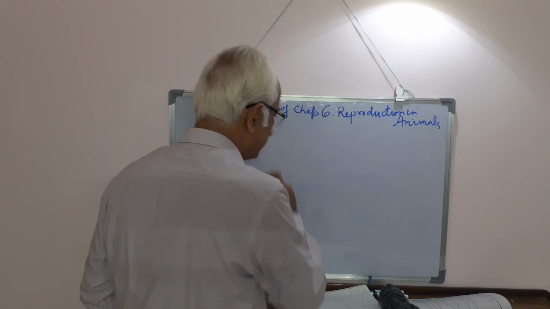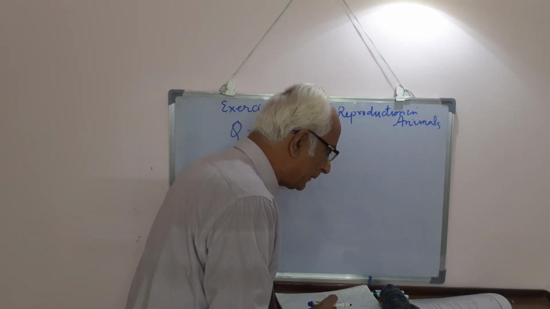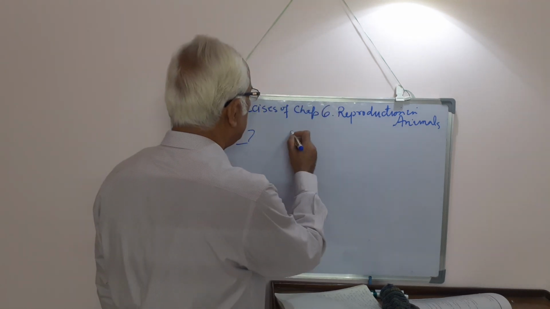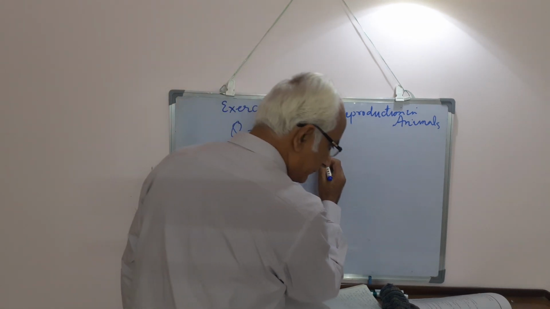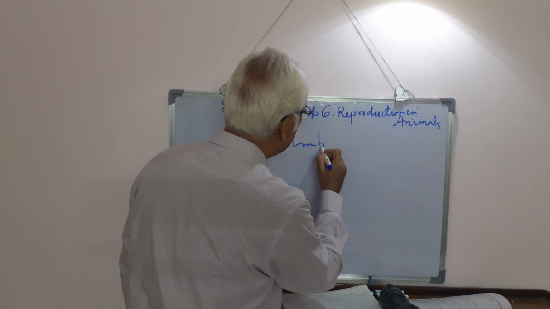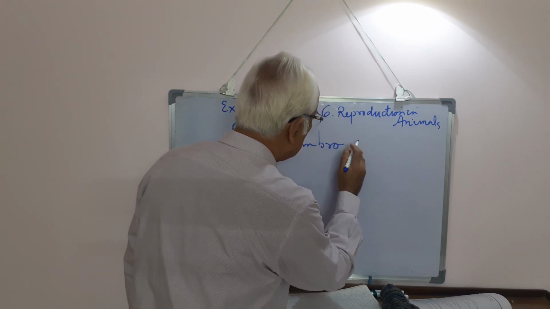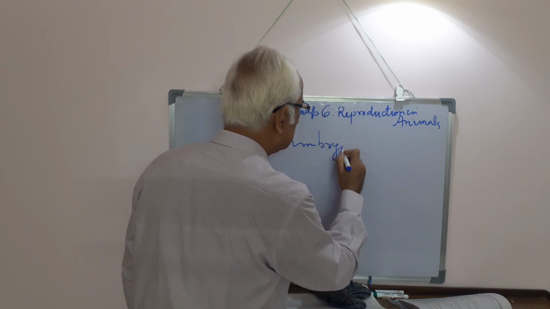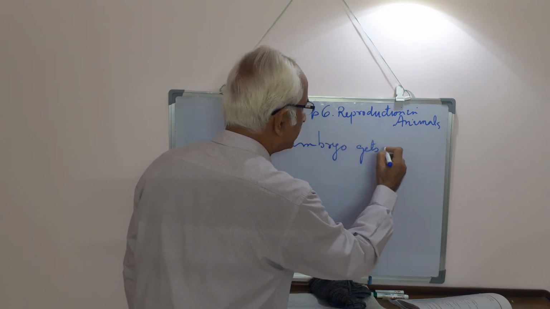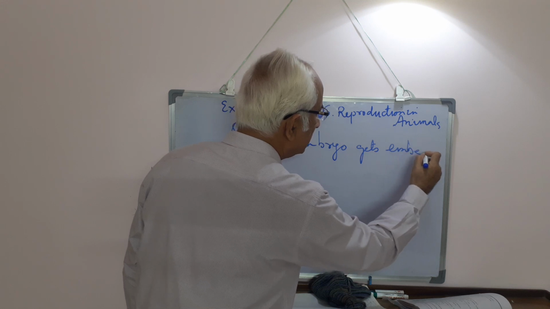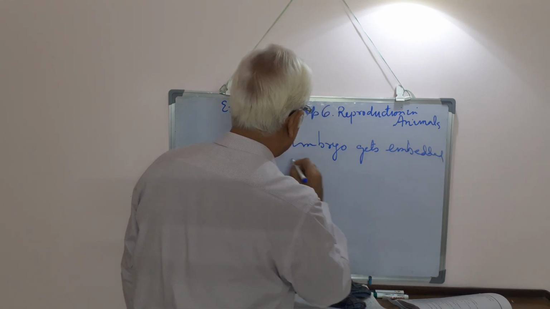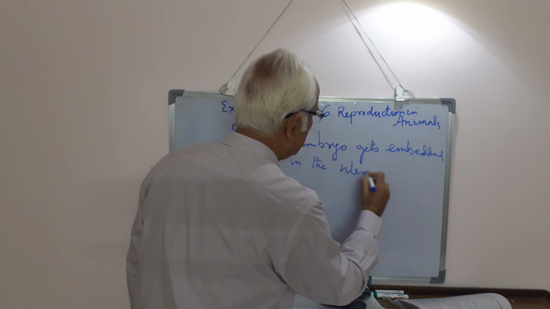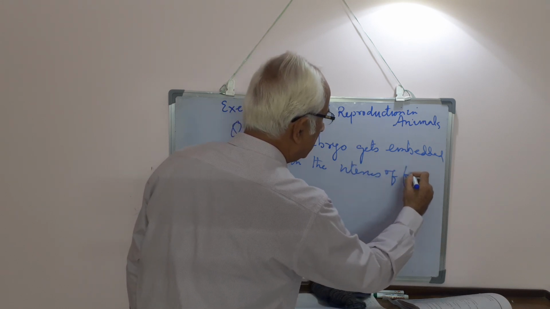Seventh question. In which female reproductive organ does the embryo get embedded? Embryo gets embedded in the uterus of female.